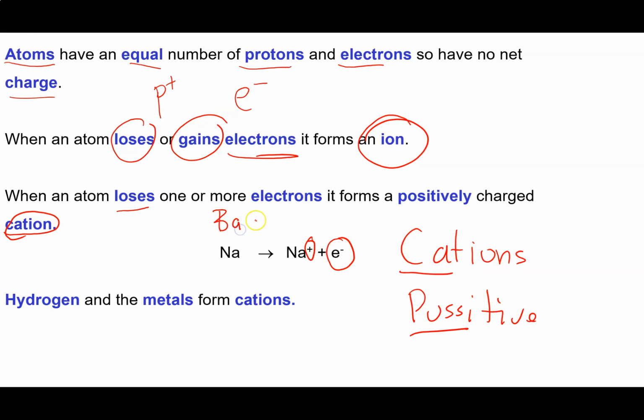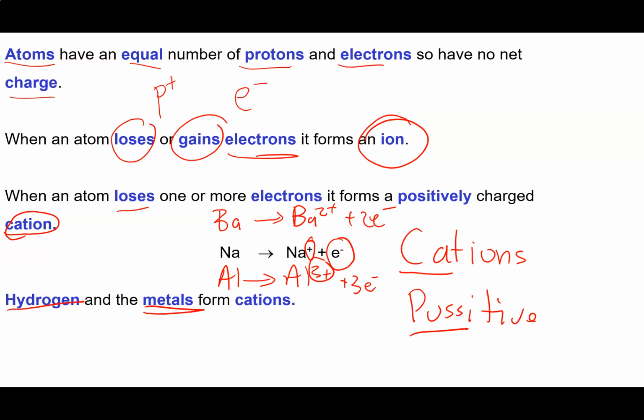So if we have an atom that loses 2 electrons, it'll gain a 2+ electrical charge, and if we have an atom that loses 3 electrons, it'll gain a 3+ electrical charge. The atoms that form cations, that form positively charged ions, are hydrogen and the metals.